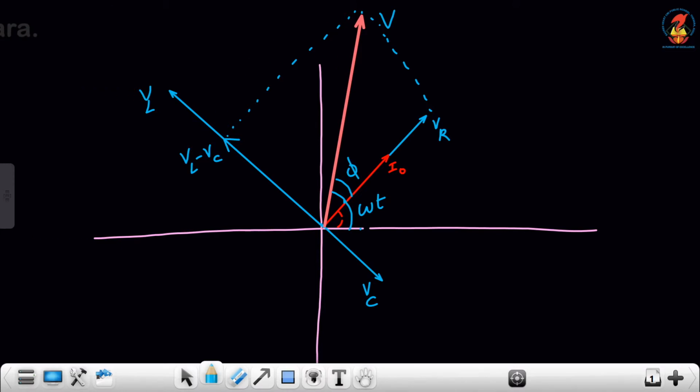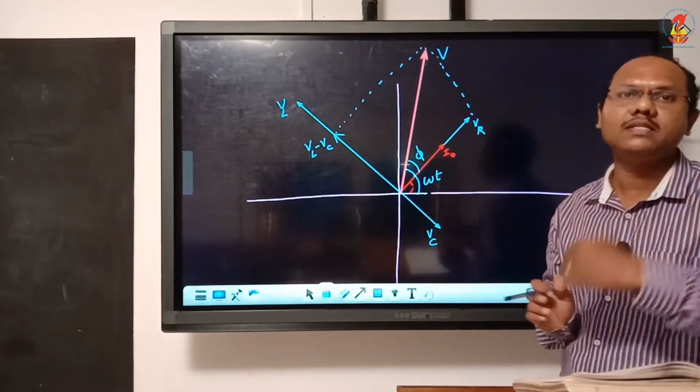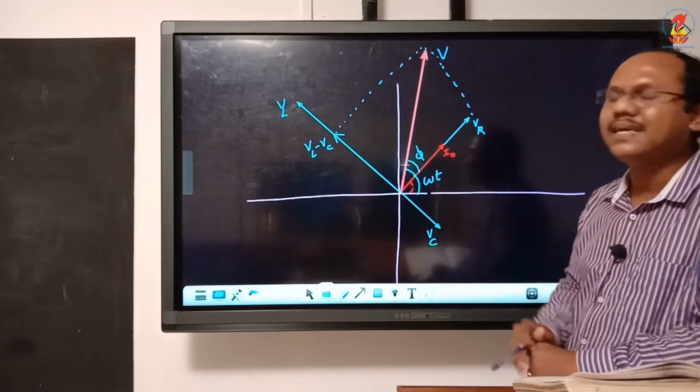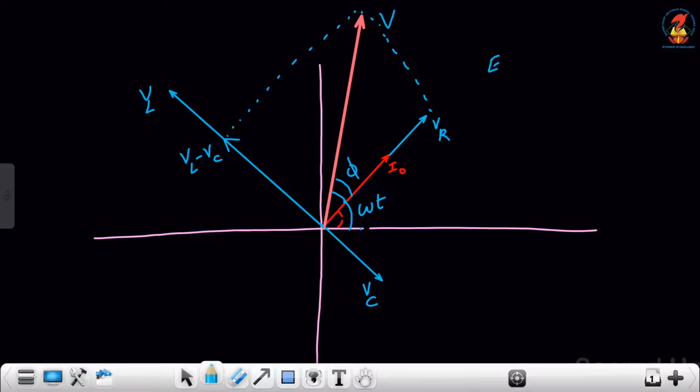So I can say V is equal to V0 sin omega t, and I is equal to I0 sin(omega t minus phi).